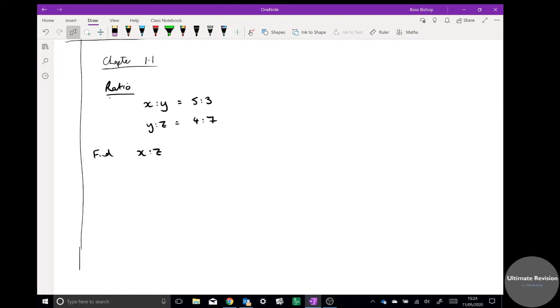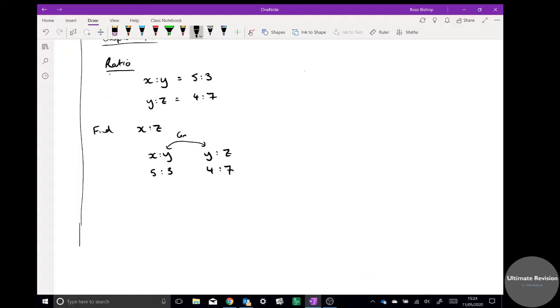The best way to do this is to set it out. So x to y is 5 to 3, and write y to z underneath, 4 to 7. Do it so these two are the same because we're going to have to eliminate those, and we're trying to make a common value here. If I make the middle one common, I'm thinking what's common between 3 and 4?